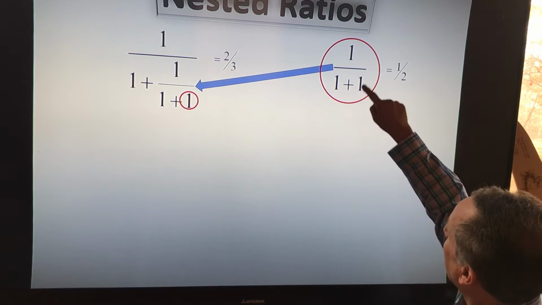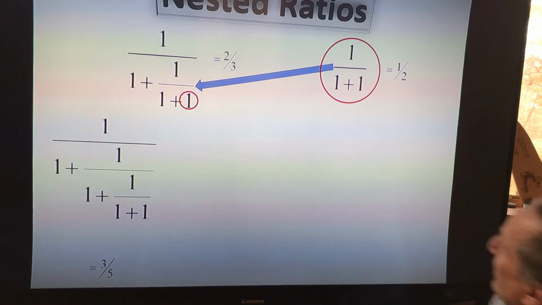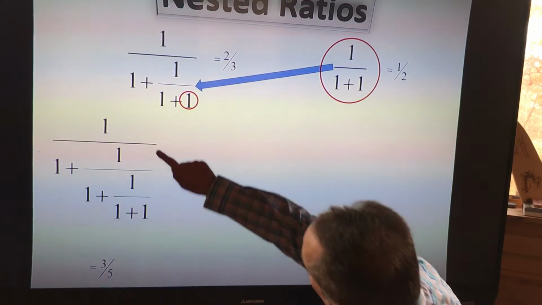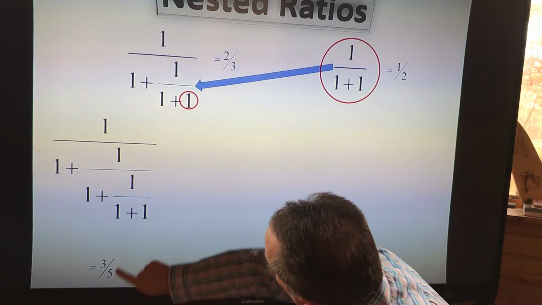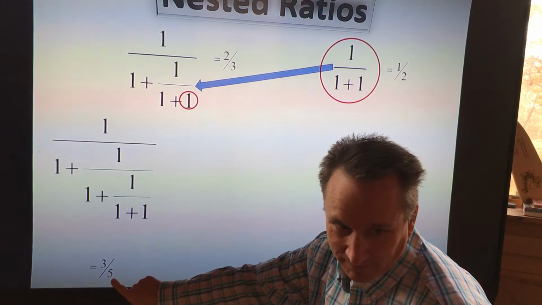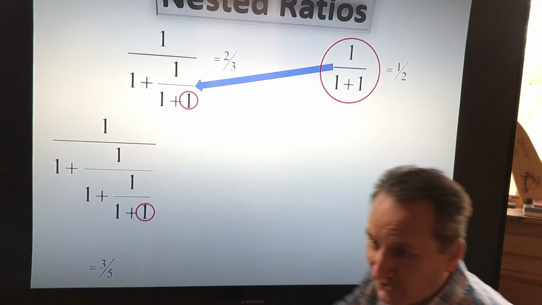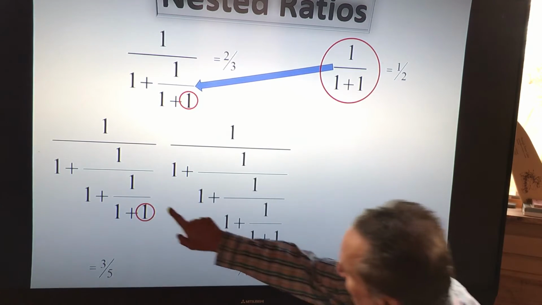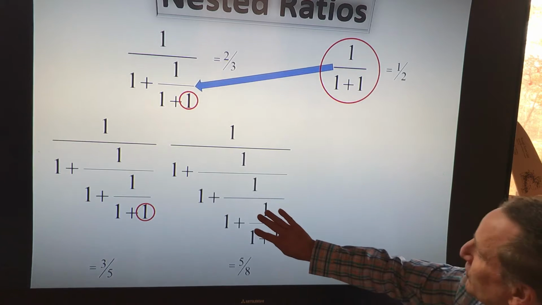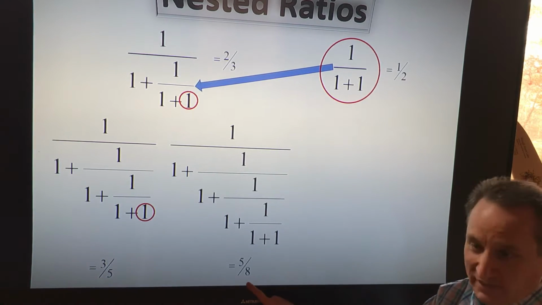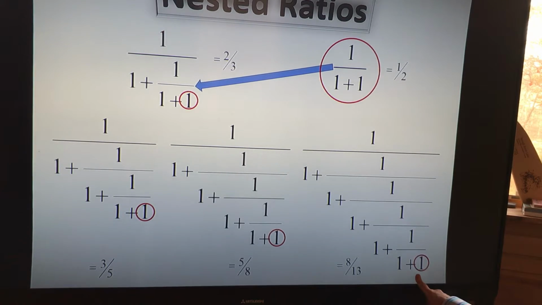So we're going to keep deconstructing the terminal 1 and replacing it with 1/1 plus 1. So now we replace that 1 with 1/1 plus 1, and that's now 3/5. You should already start seeing a pattern if you know your Fibonacci numbers. And then replace that terminal 1 with the deconstruction of 1 plus 1/1, and it's 5/8, and it's 8/13.